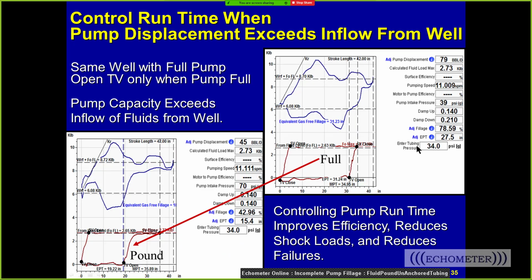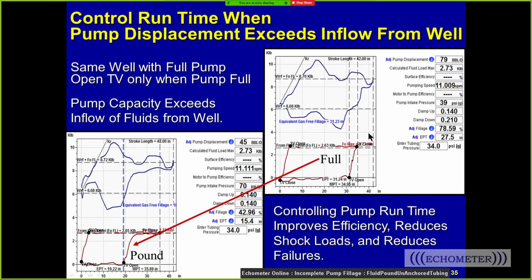Now the nice thing about a fluid pound well is that if you identify that well, you can typically put that well on some kind of device to control the runtime. You could put a low-cost percentage timer on the well to reduce the runtime and only pump when it's full. That takes time to go out and check and make sure it's set properly. You could put a pump off controller on the well.